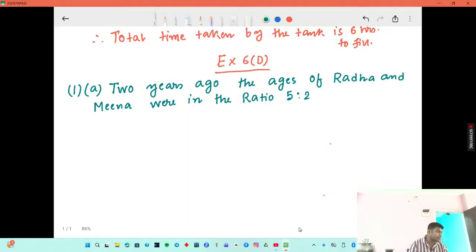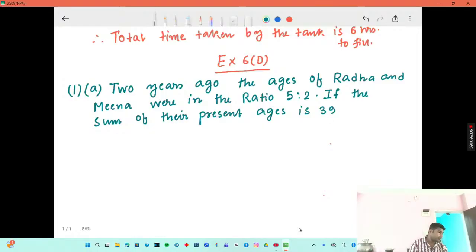If the sum of their present ages is 39, then their ages 2 years ago were.